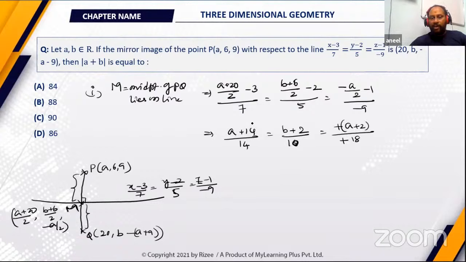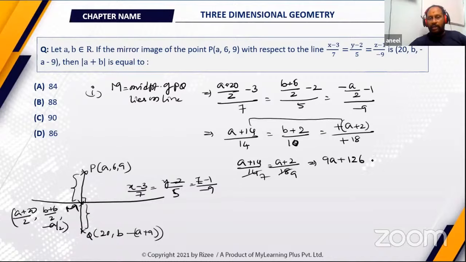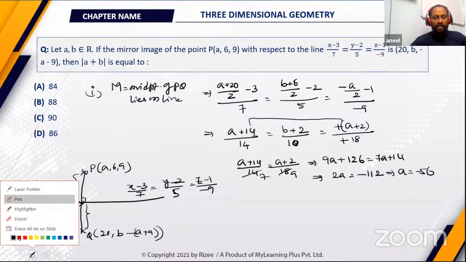From these, I shall get a. (a plus 14)/14 is equal to (a plus 2)/18. 7 and 9 cancel, which in turn gives me 9a plus 126, 14 nines or 126, is equal to 7a plus 14. So 2a is equal to minus 112, so a is minus 56.